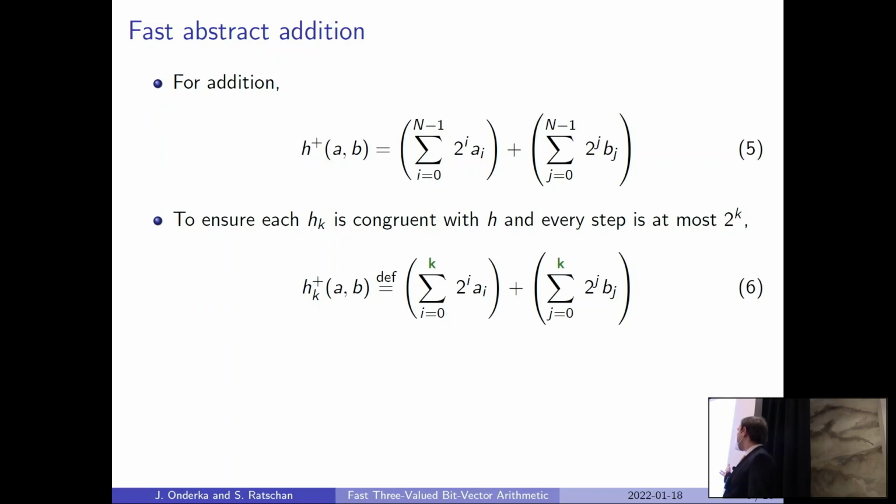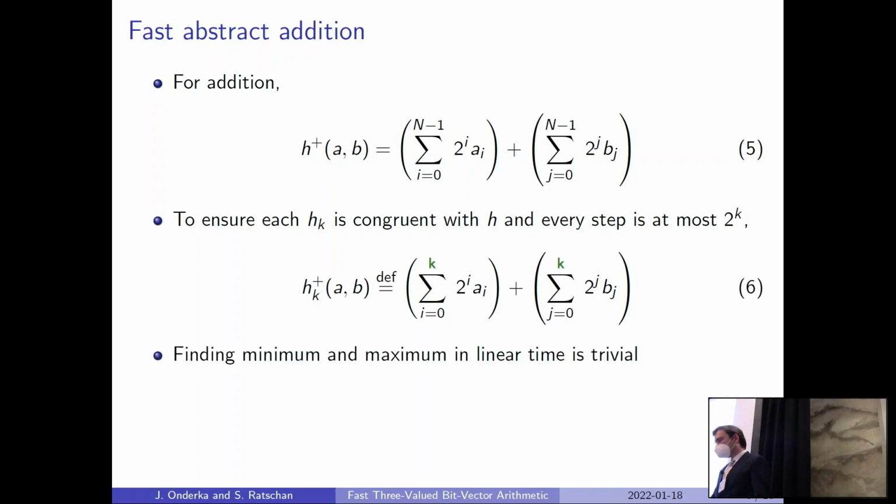And this will give us the h_k functions for addition, just like that. We can see that finding the minimum and maximum of this in linear time is trivial if we are given some abstract A and abstract B, because there is only one variable in each summand, so we know how to minimize and maximize trivially. So this directly leads us to the fast algorithm. That is quite nice.